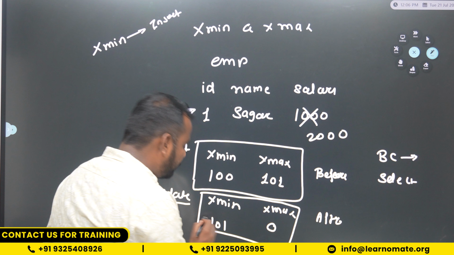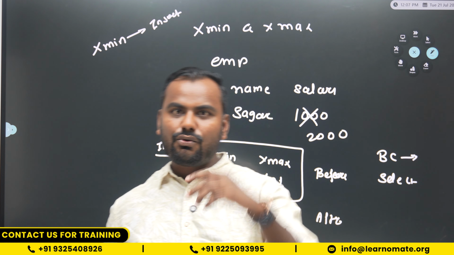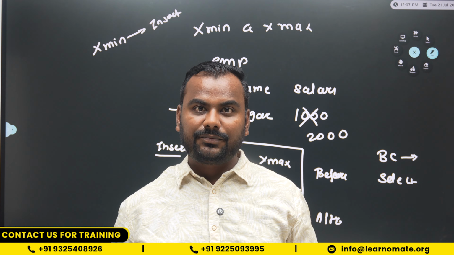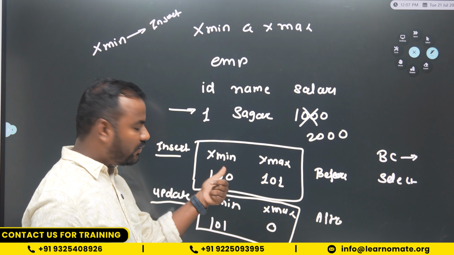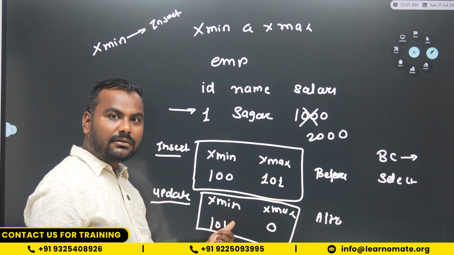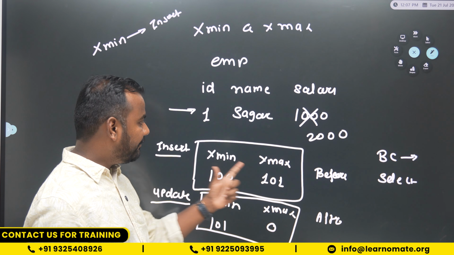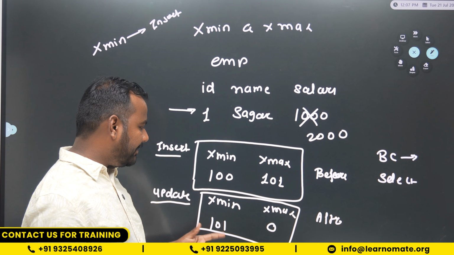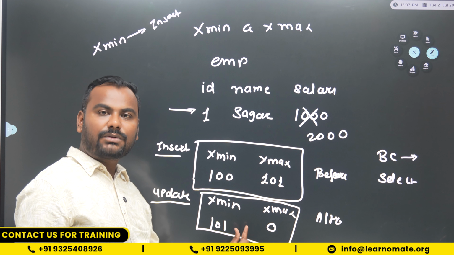So basically in the PostgreSQL database table, you will have old tuple also, new tuple also. Which is the old tuple? This is my old tuple. This is my new tuple. Old tuple will be visible before the commit. But after the commit, you will see this one.